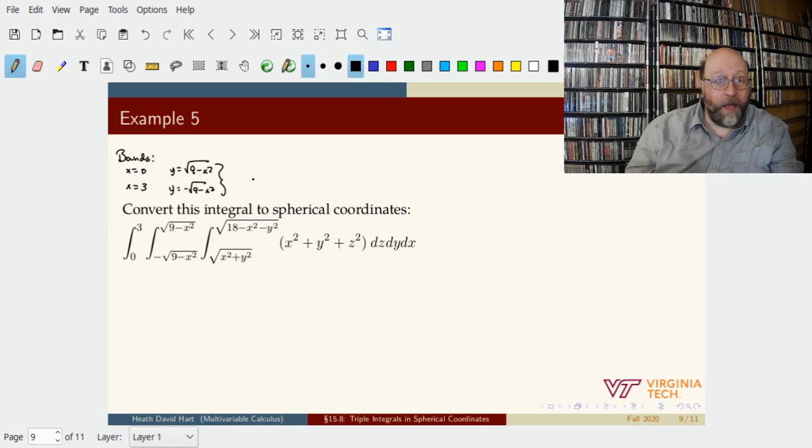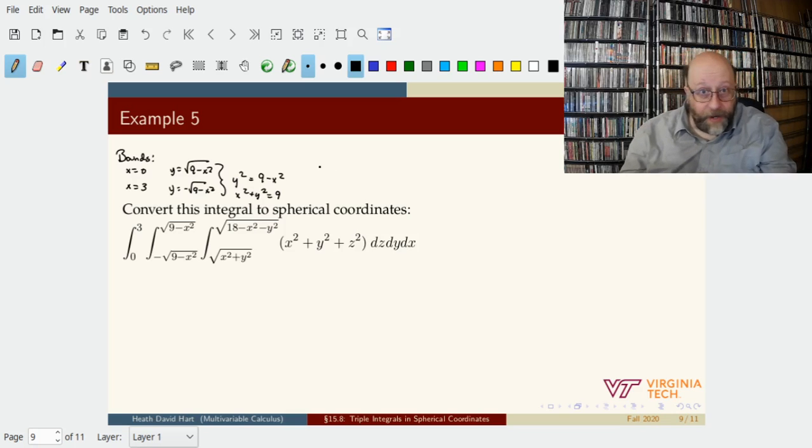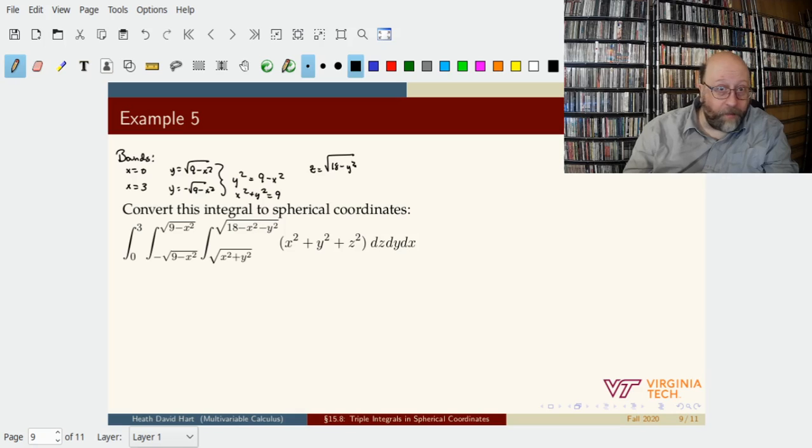And I'm going to combine those to y squared equals 9 minus x squared, or x squared plus y squared equals 9. And then z goes from z equals the square root of x squared plus y squared to the square root of 18 minus x squared minus y squared.